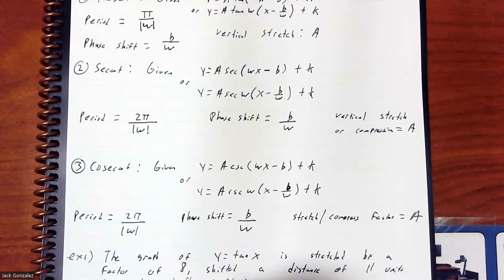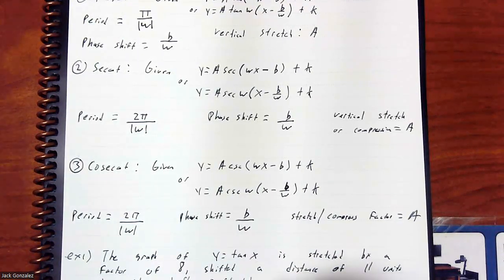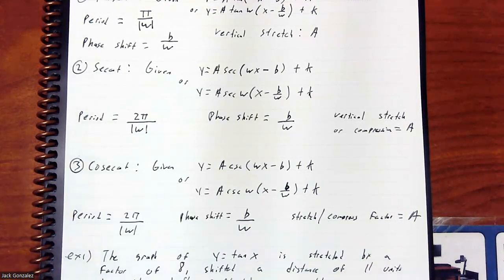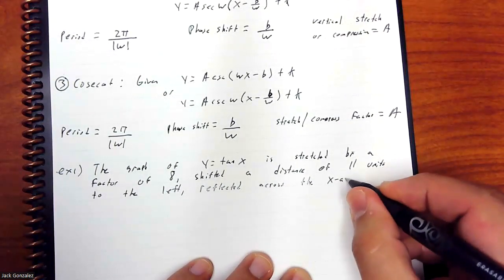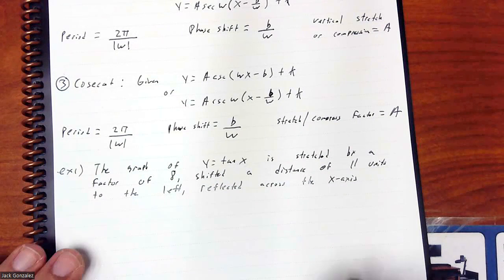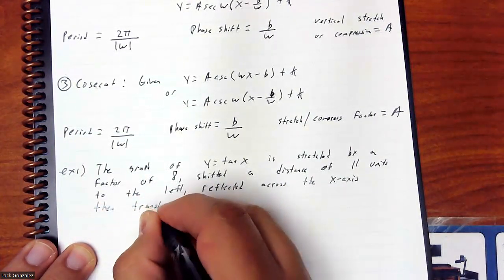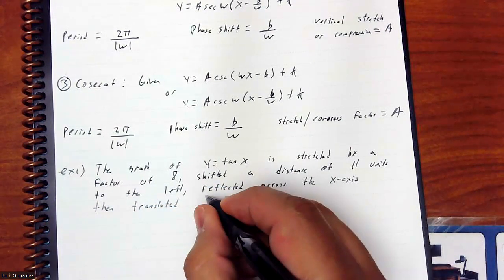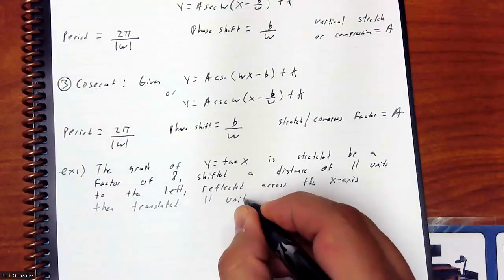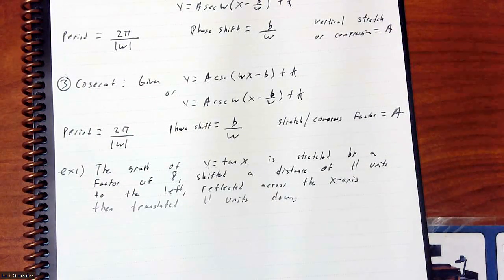Reflected across the x-axis, then translated eleven units down. This will test all our ideas from college algebra and paired with the new stuff.